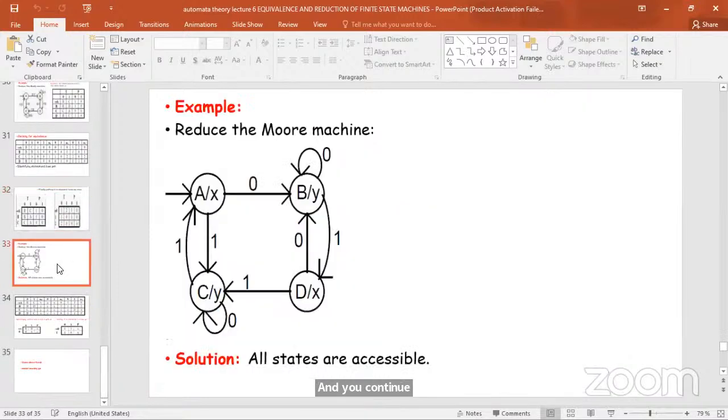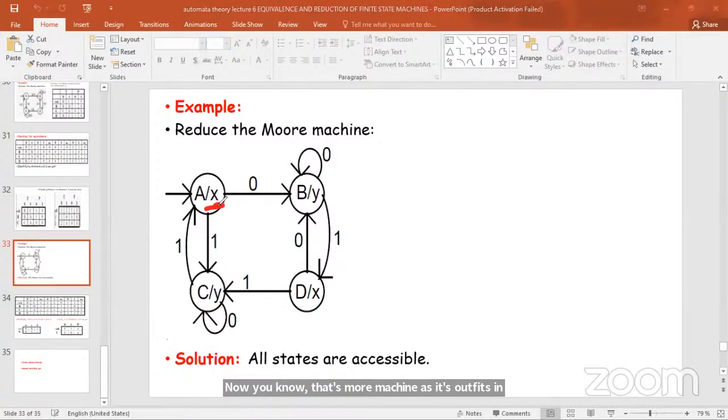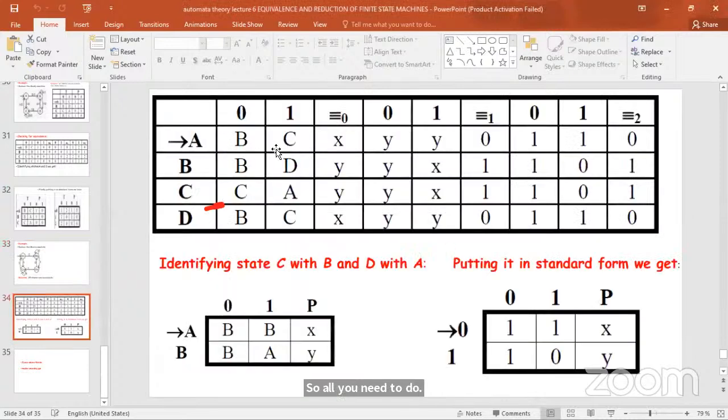So how do we find the equivalence for a Moore machine? Now, you know that a Moore machine has its output here. So all you need to do is just put, sorry, let me put it now.